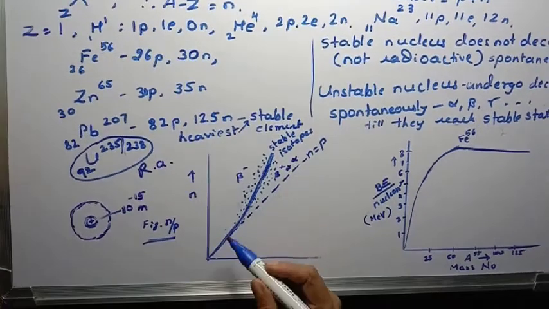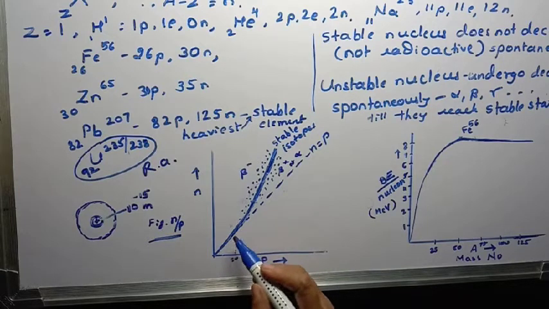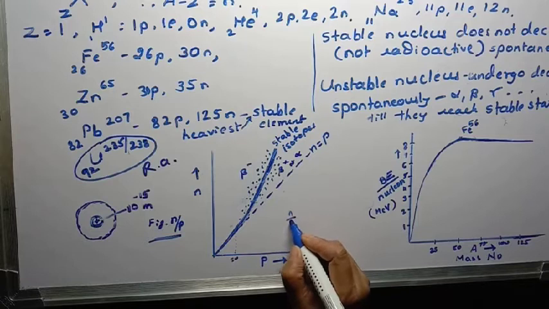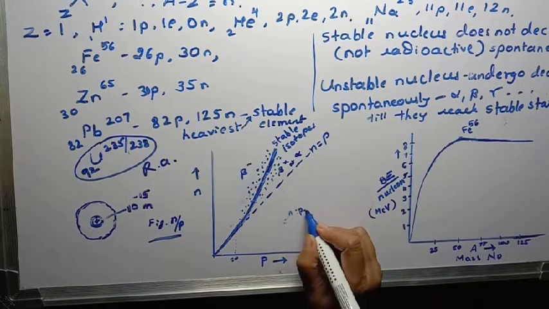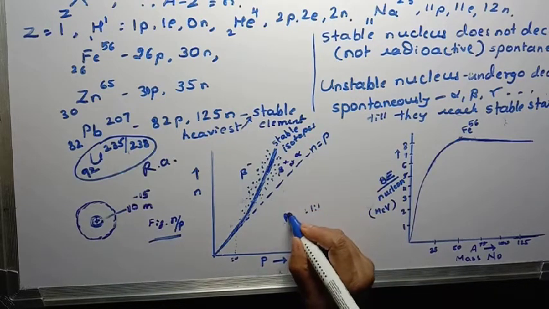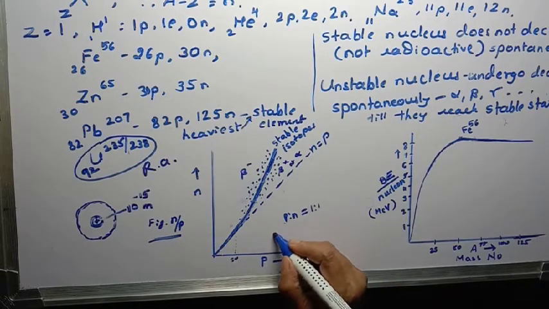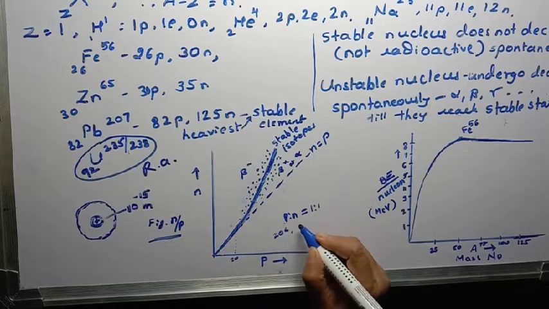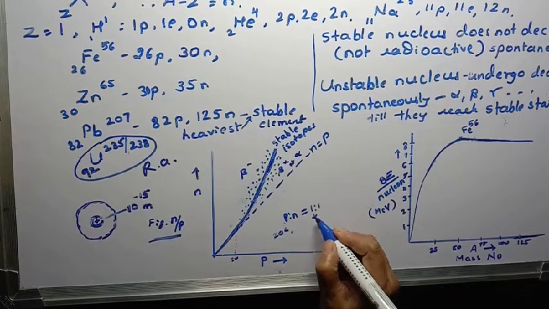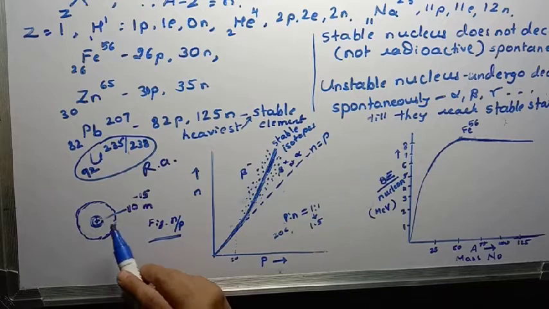When you draw the graph of number of neutrons versus number of protons, up to atomic number 20 the number of protons is equal to the number of neutrons, so the proton to neutron ratio is 1 is to 1. But above atomic number 20 the ratio increases, and it reaches a maximum of 1.5, which is almost the case for lead.